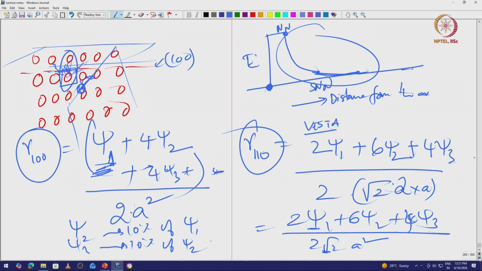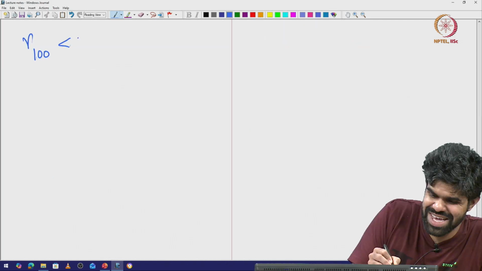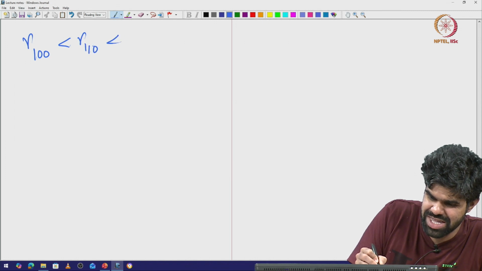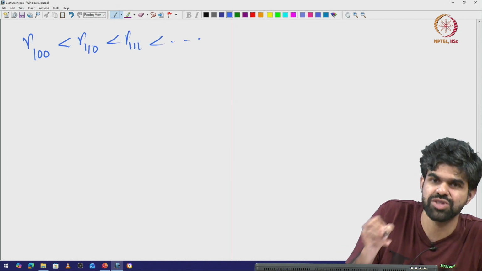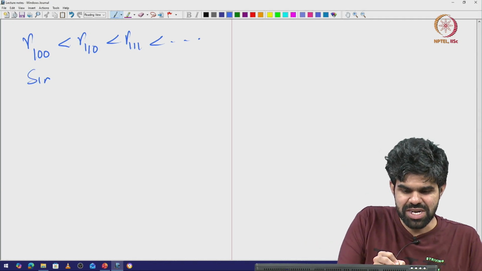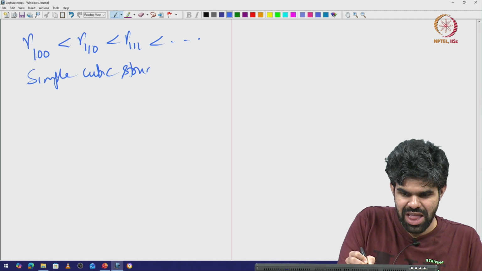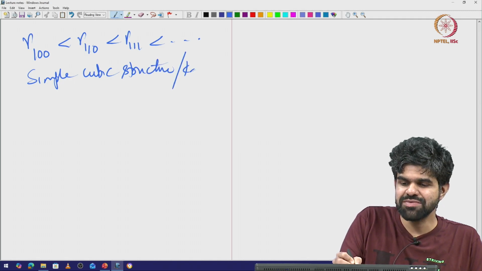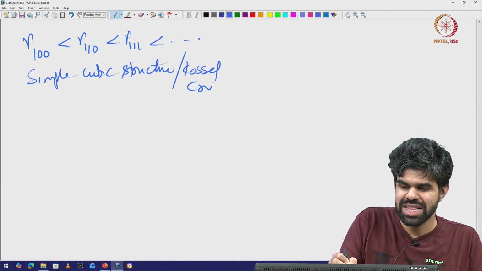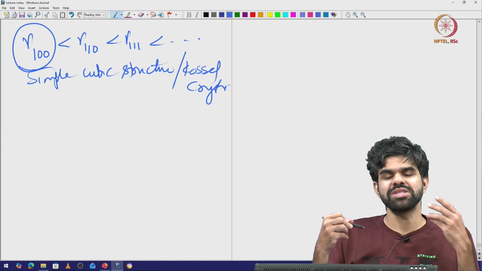So you can actually see that gamma 100 is less than gamma 110 is less than gamma 111 is less than, and so on and so forth, right. So, this is true of what is called a simple cubic structure, or in our case we just call it a cubic crystal, right. Gamma 100 has the minimum surface energy, right.